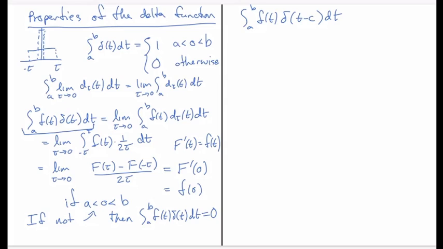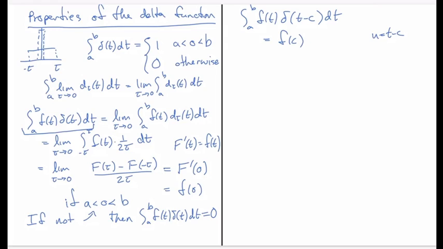It's not going to behave differently, it's just going to behave in a different location in exactly the same way. I could do a substitution where I set u equal to t minus c, but you should probably be able to figure out that this is going to give me f evaluated at c. So where you center the spike is where you pick up the value of f.